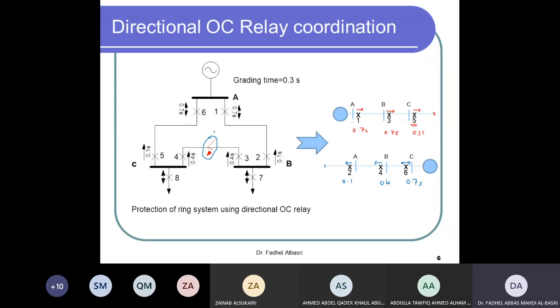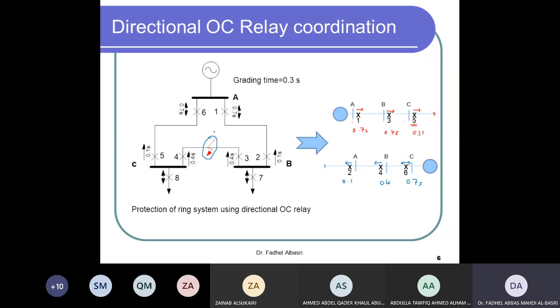Number 3 will see it, and number 4 will see it. Number 5 will not. Why? Because current will flow in this direction and it's opposite to the trip direction. Number 2 will not see it, because current flows in this direction and it's reverse to the trip direction. Also 1 will see it because it is non-directional, and also 6 will see it.